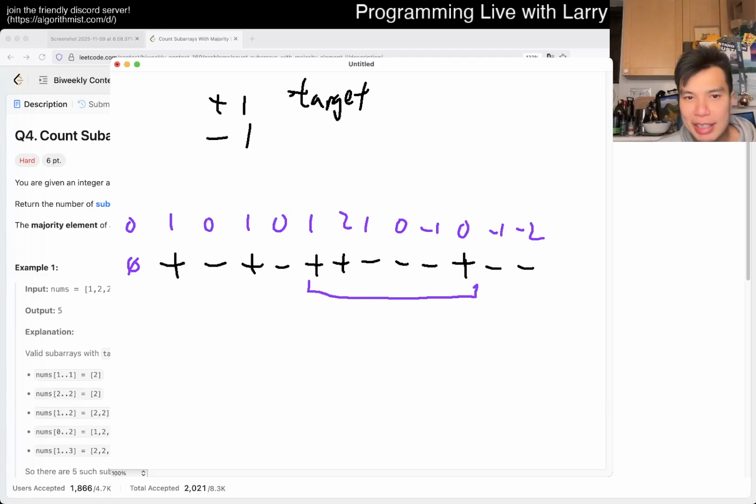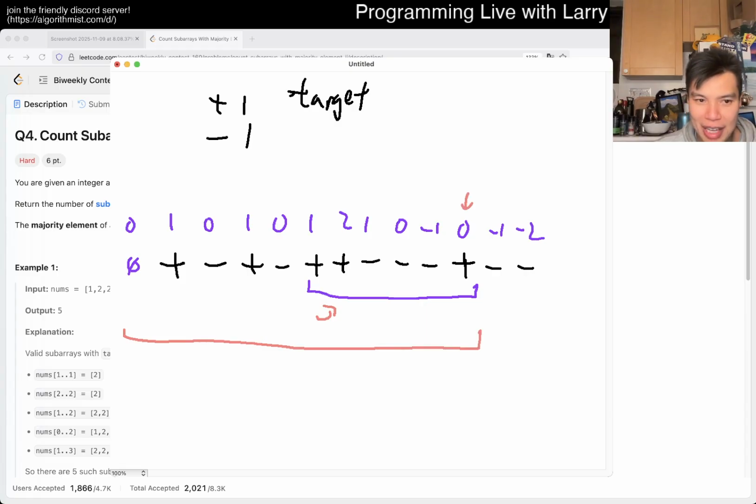And then the idea here is that, if you have a prefix sum, to find where these zero-sum segments are, in a prefix sum way, we have this number and then we have this number here.